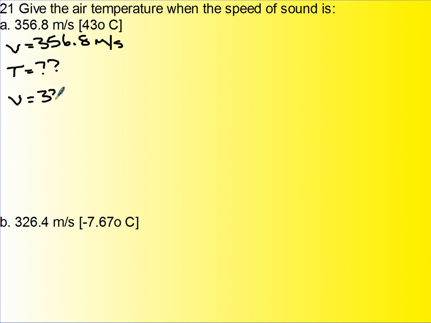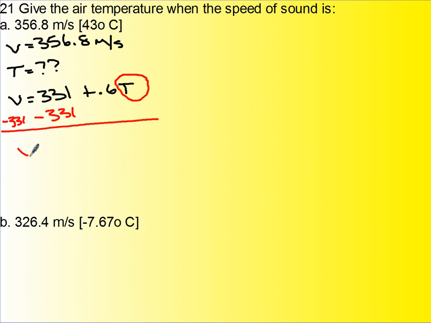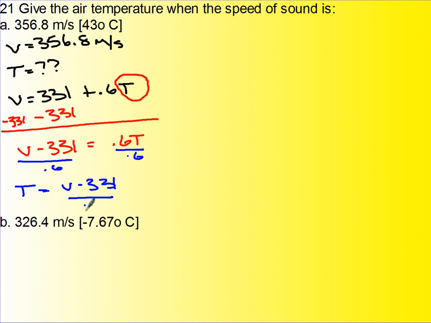If V is 331 plus 0.6 T, we're looking for T. First I'm going to subtract 331 from both sides, so V minus 331 is 0.6 T. Now I'm looking for T, so I'm going to divide both sides by 0.6. So T is V minus 331 divided by 0.6.